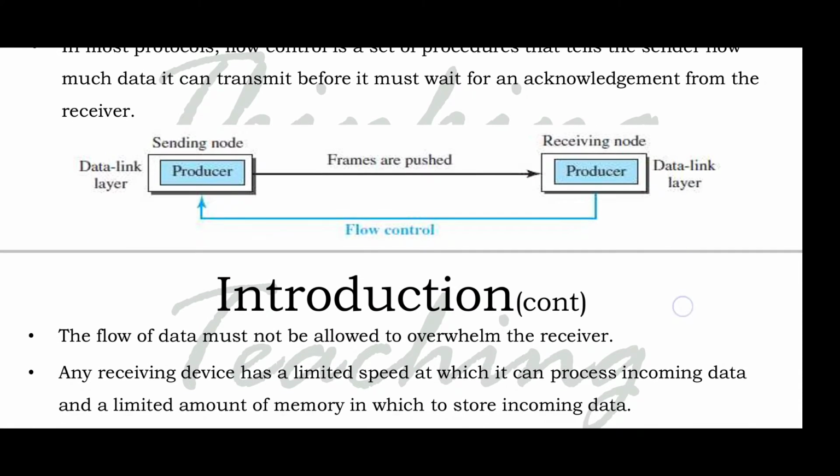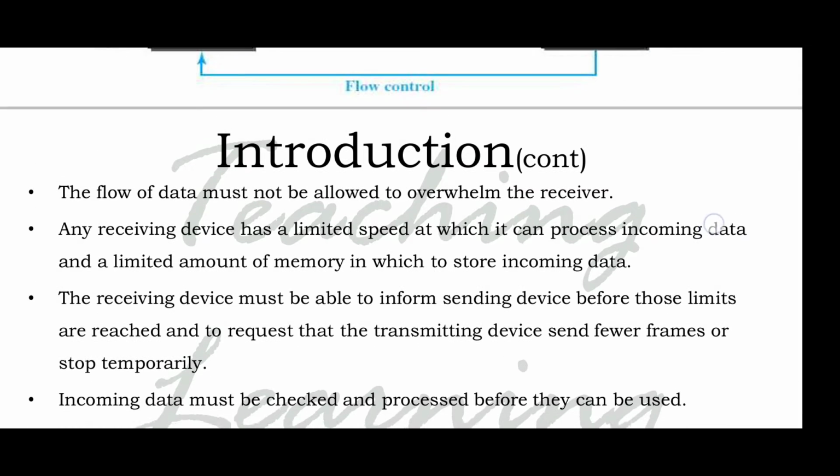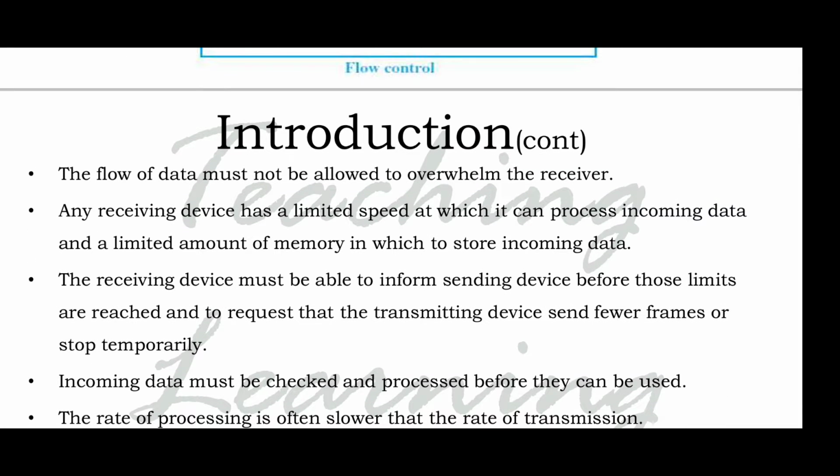This is the introduction to flow control. The flow of data must not be allowed to overwhelm the receiver. Any receiving device has a limited speed at which it can process incoming data and a limited amount of memory in which to store incoming data.